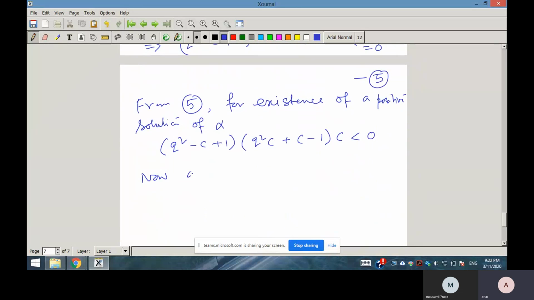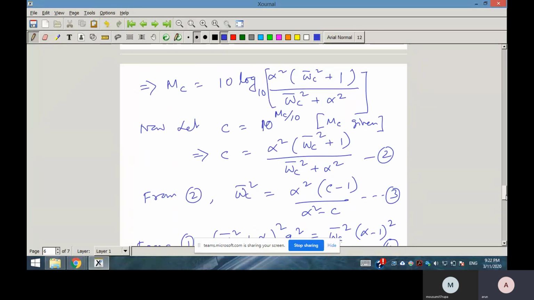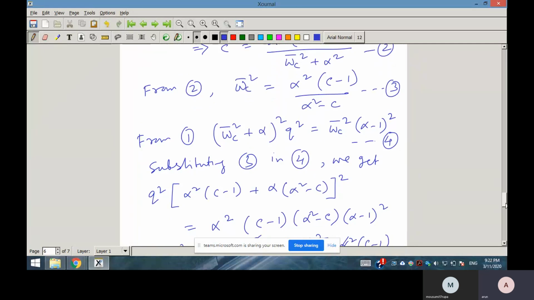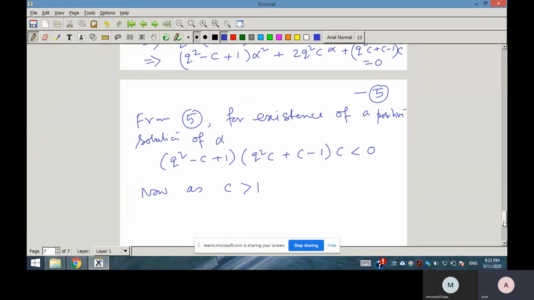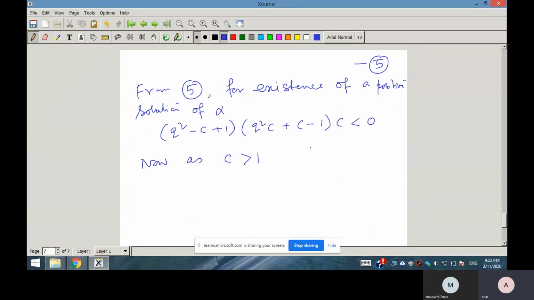Now, c is 10 to the power mc by 10, and mc is greater than 0, so c is greater than 1. As c is greater than 1, we have q square c plus (c minus 1) into c greater than 0.